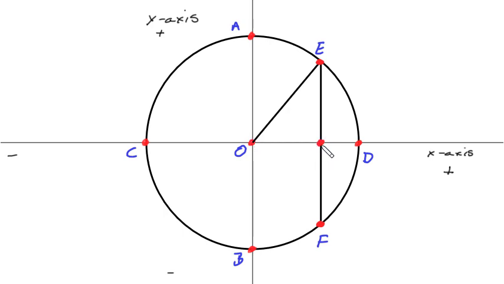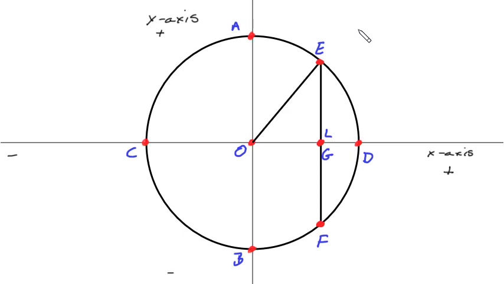Now, if we label this point here, the point G, and this line is perpendicular to OD, so this is a right-angled line here, okay? So EGD is a right angle. This line EG is what we call the sine of an angle.